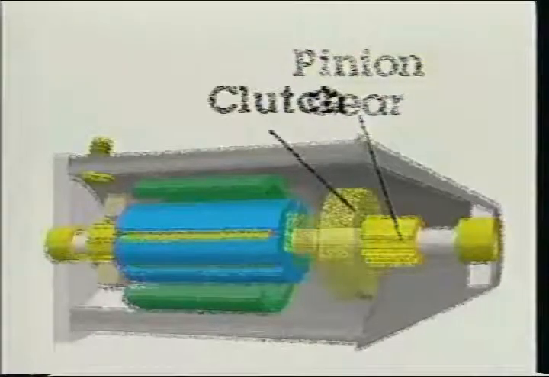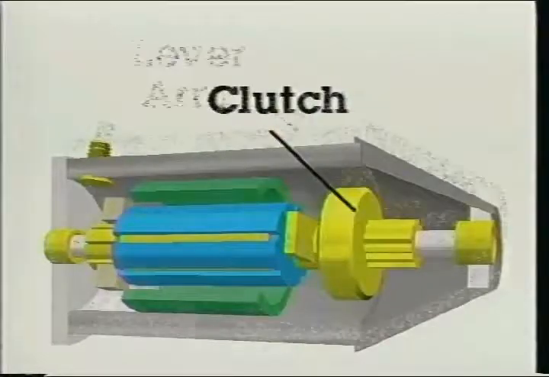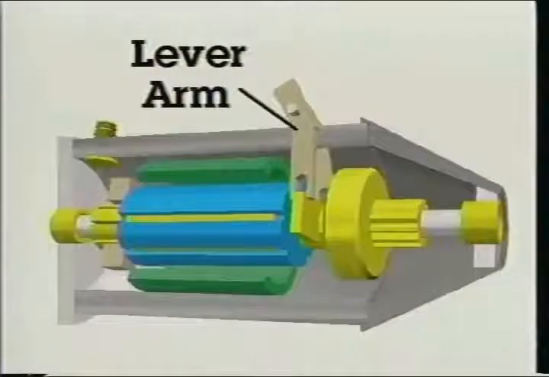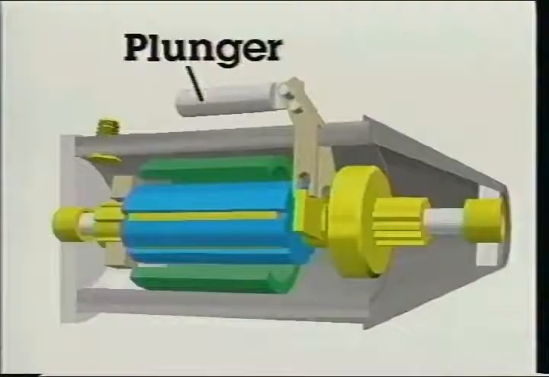A one-way clutch is constructed as part of the pinion gear to keep the flywheel ring gear from spinning and damaging the motor when the engine fires and runs on its own power. A lever arm is used to push the pinion gear outward whenever the starting motor is energized. A plunger, and sometimes a pole shoe, is used to act upon the lever arm.